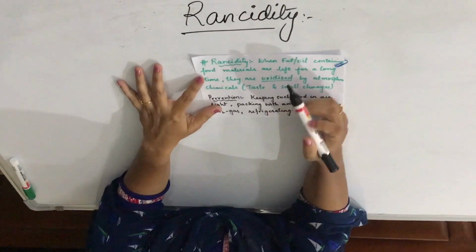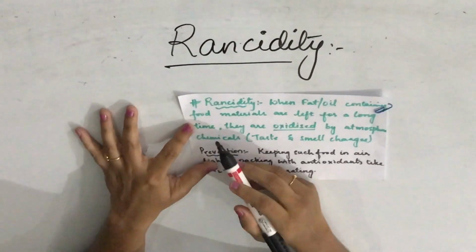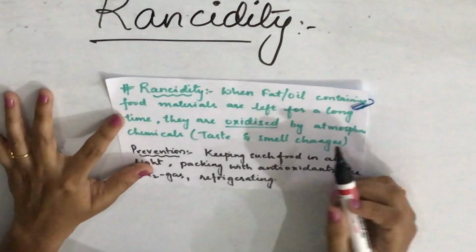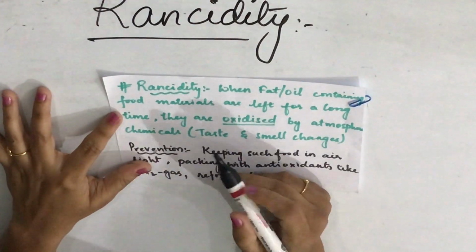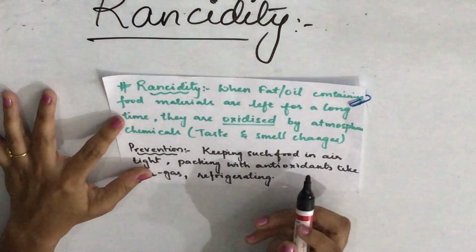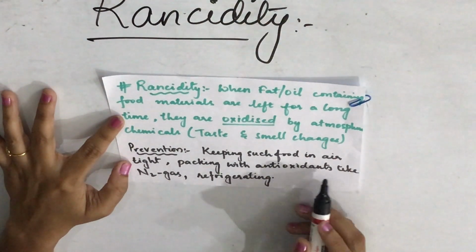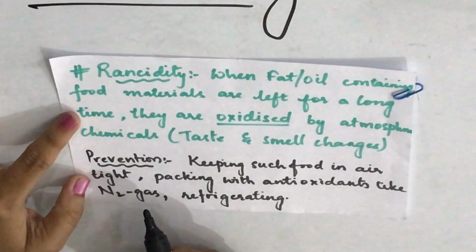So, rancidity is when fat or oil containing food materials are left for a long time. They get oxidized by atmospheric chemicals. Their taste and smell changes. The prevention is keeping the food in an airtight container or packing with antioxidants like nitrogen gas.